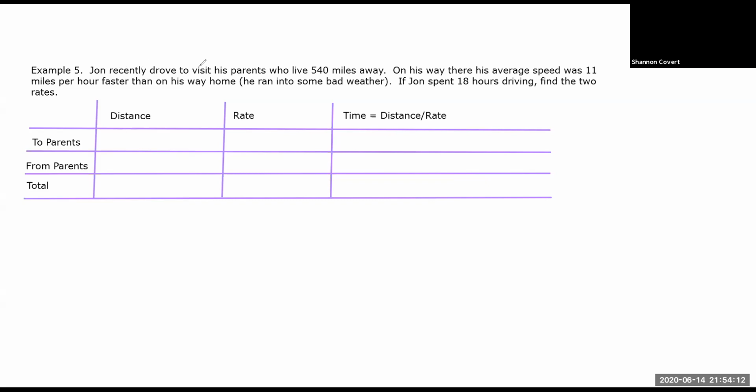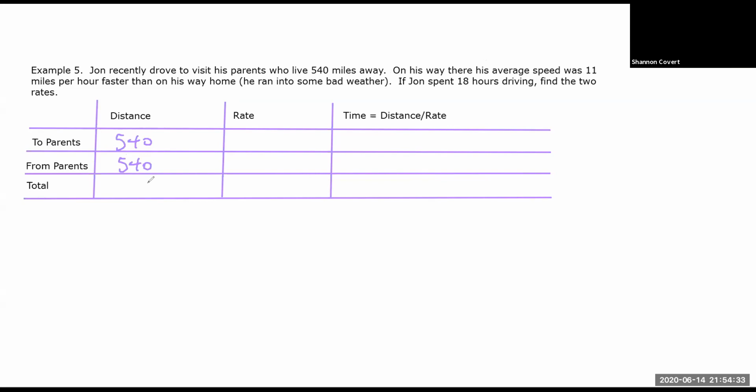John recently drove to visit his parents who live 540 miles away. That's the distance, and I think that's the distance to his parents and home from his parents. I don't know that total is important, so I'm going to leave that blank for now.